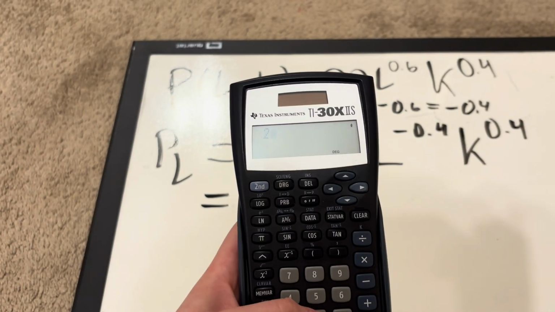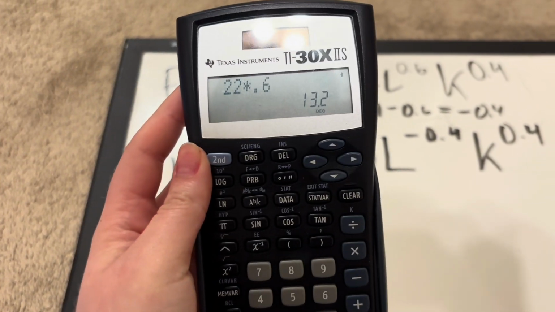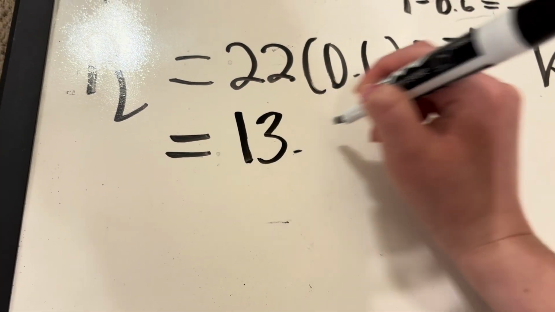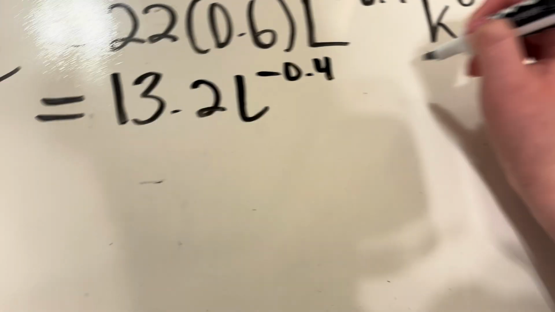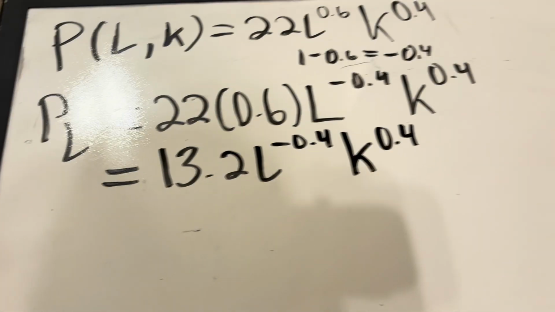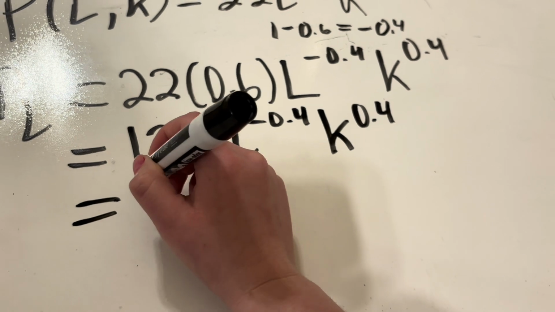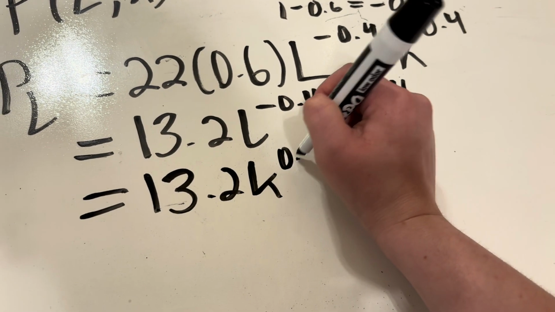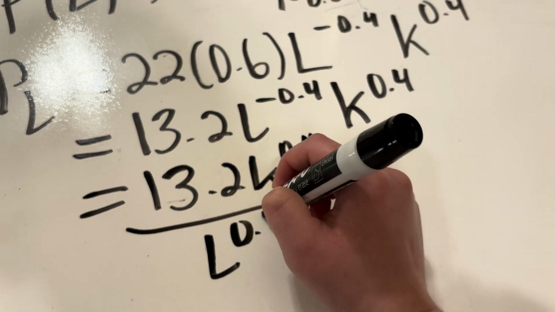So here we have 22 times 0.6 is 13.2. 13.2 L to the negative 0.4 k to the 0.4. Now to get rid of the negative exponent, we're going to move it down to the bottom. So that will leave us with 13.2 k to the power of 0.4 over L to the power of 0.4.